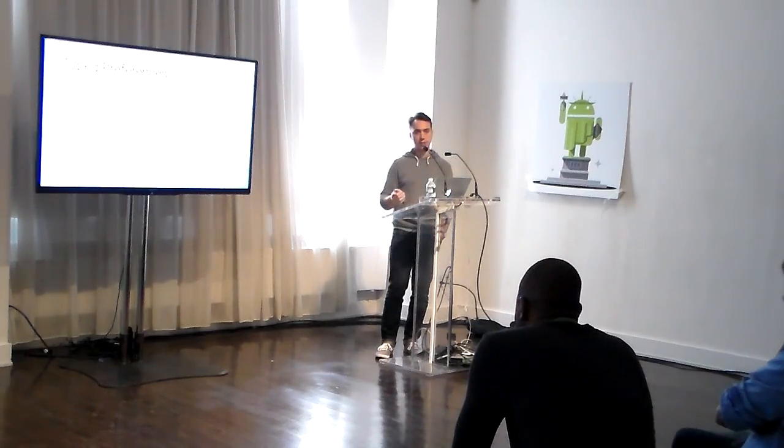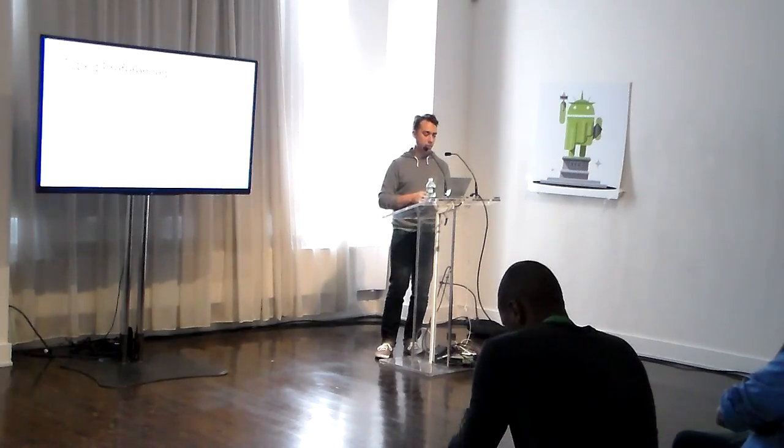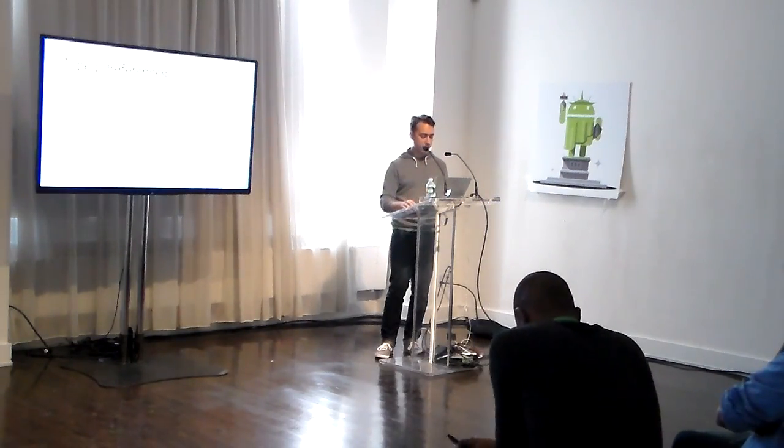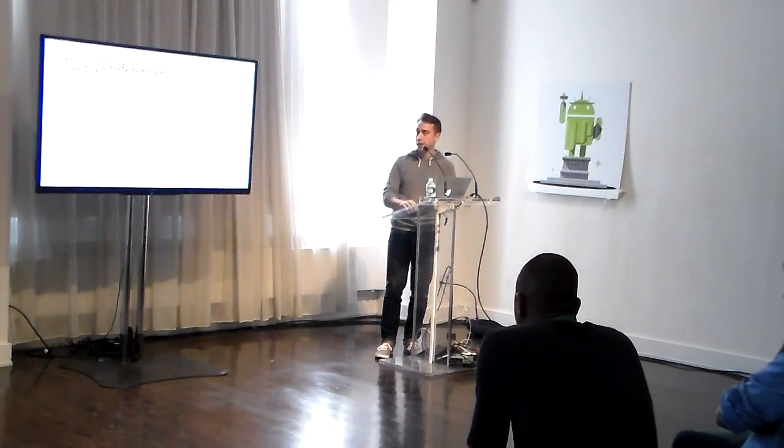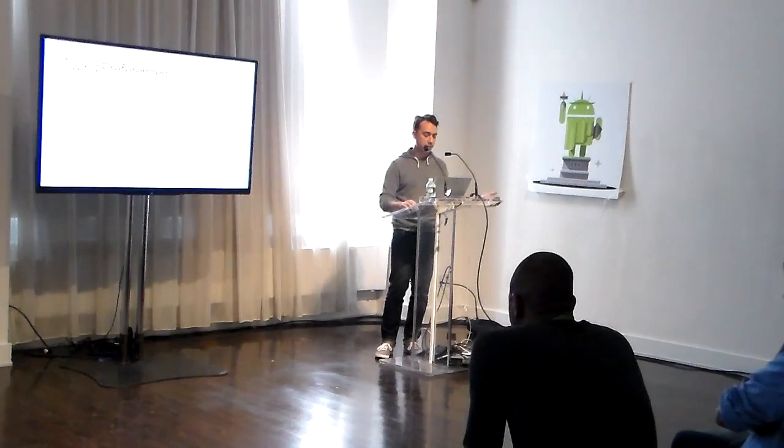Typed preferences. This is something that was created based on Jake Wharton's sample app for Dagger. He had these classes in there that encapsulated not the shared preferences, but the individual preferences themselves. This library is called typed preferences, and basically you get an instance of shared preferences, whichever way you please.